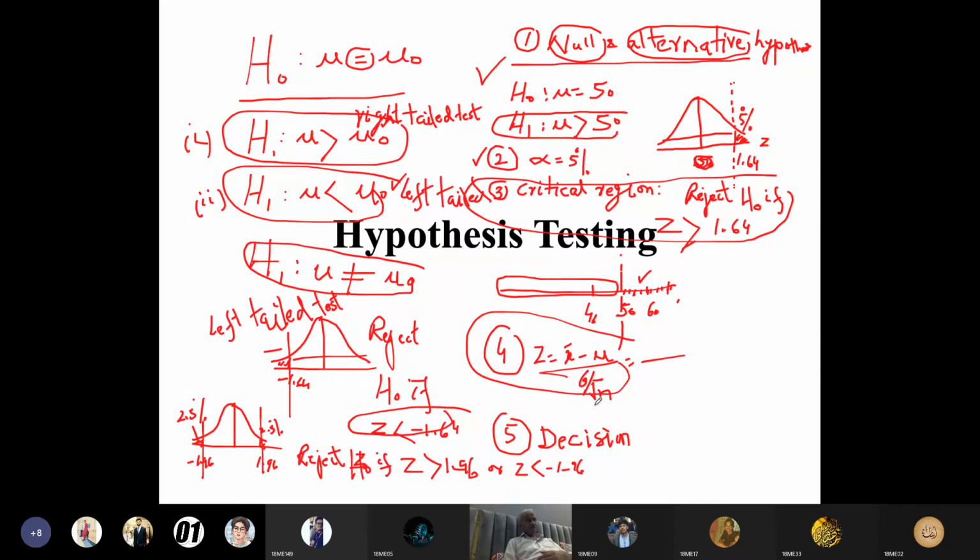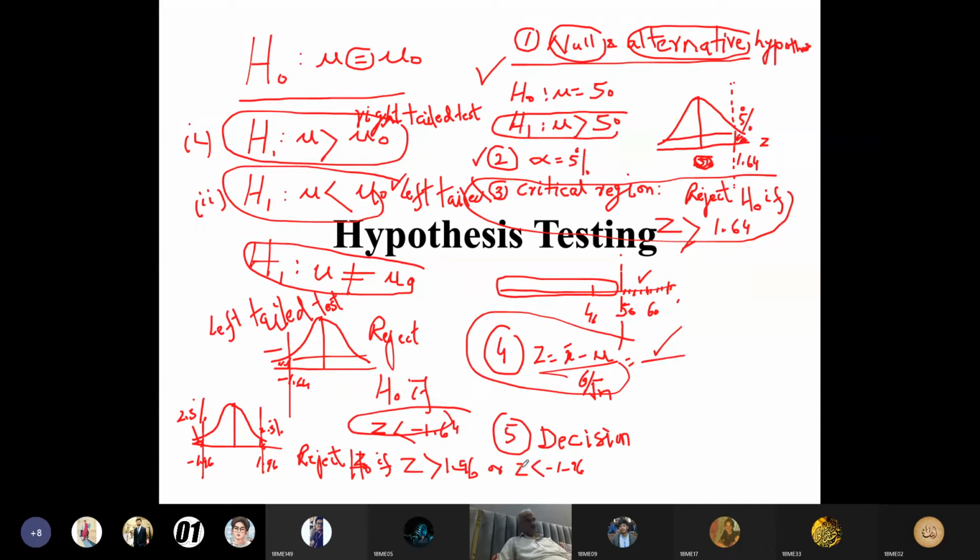If the sample's mean is exactly the same as the population mean, say the average weight of a cement bag is 50 kg, and the test gives the value 50 when you simplify Z equals x bar minus mu over sigma over root n, then we say nothing is wrong, everything is fair, the machine is working properly and needs no repair.